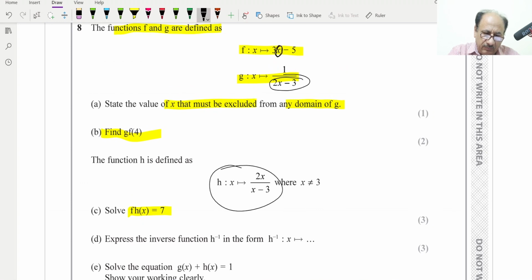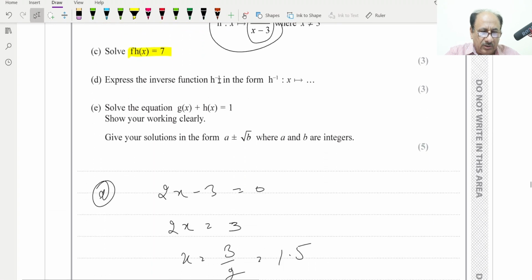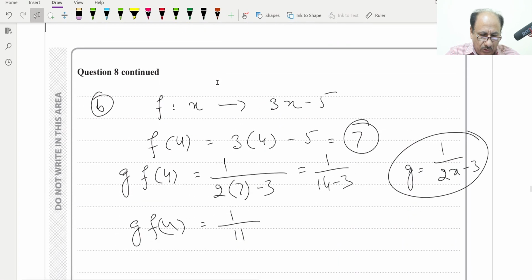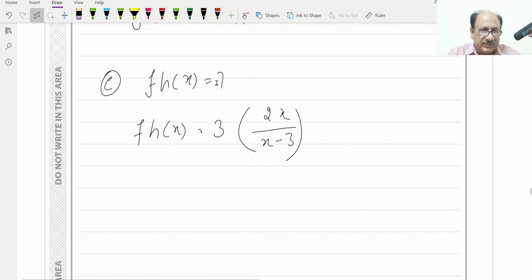This x we have replaced with this one, 2x over this, so we got this equation. Hopefully you understood this step, and this will be minus 5, and this is given that this is equal to 7. Now we will have to just simplify this equation.